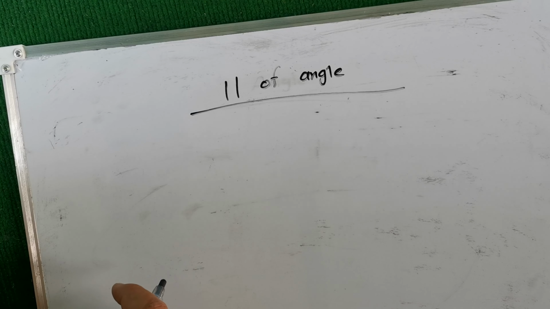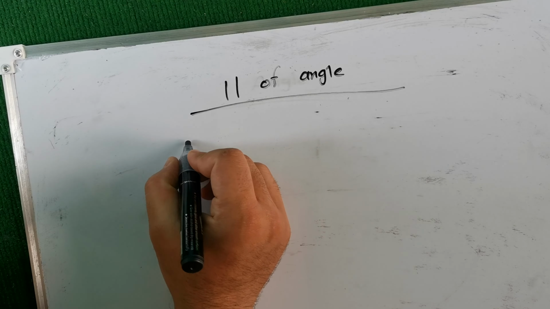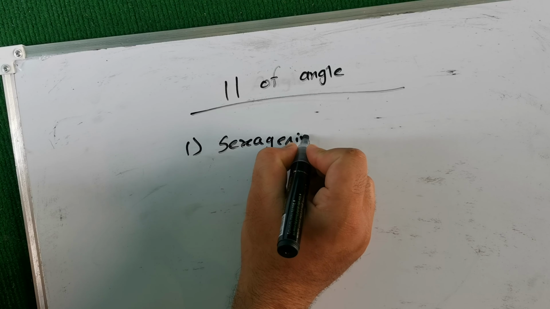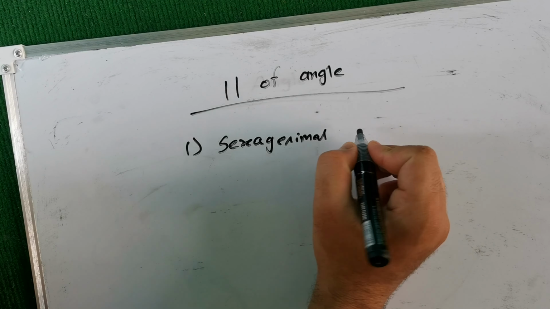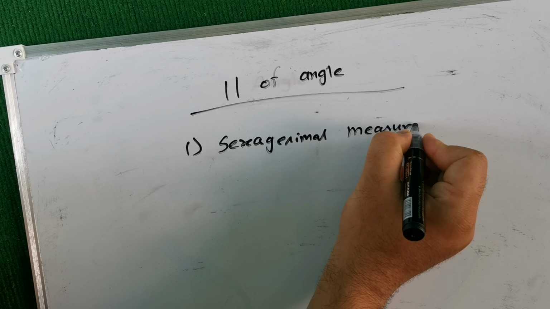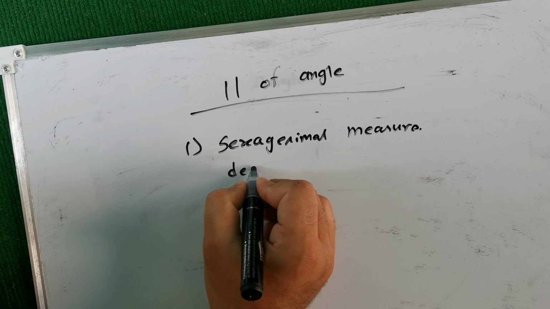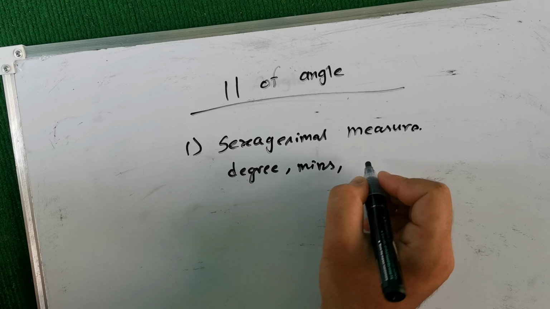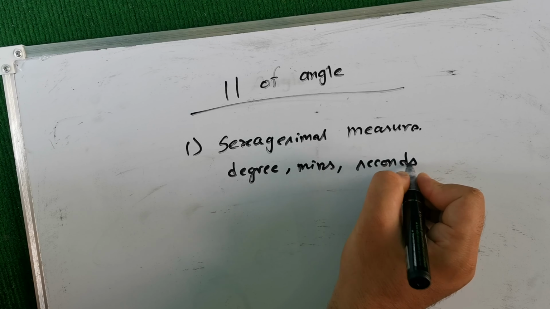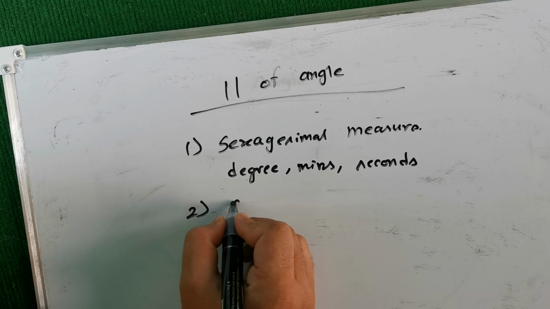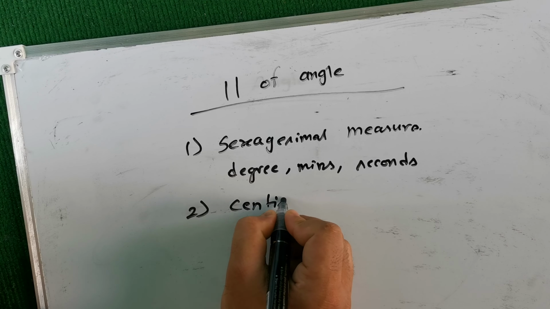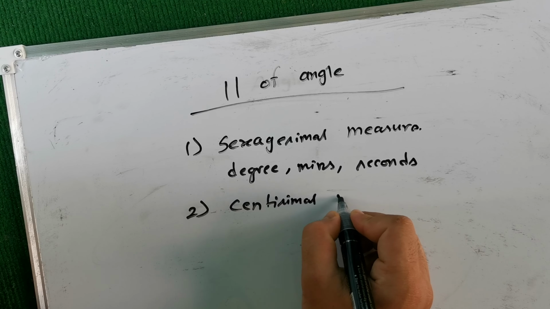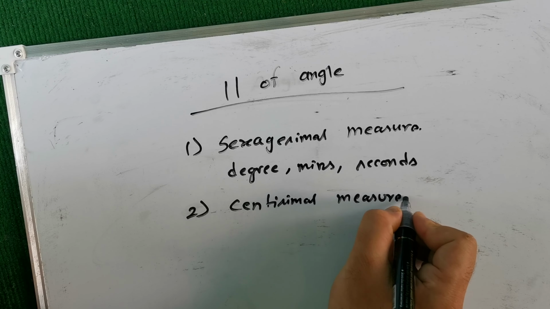There are three ways to find the magnitude of an angle, and they are the sexagesimal measure, which is degree, minutes, seconds, and another one is the centesimal measure.